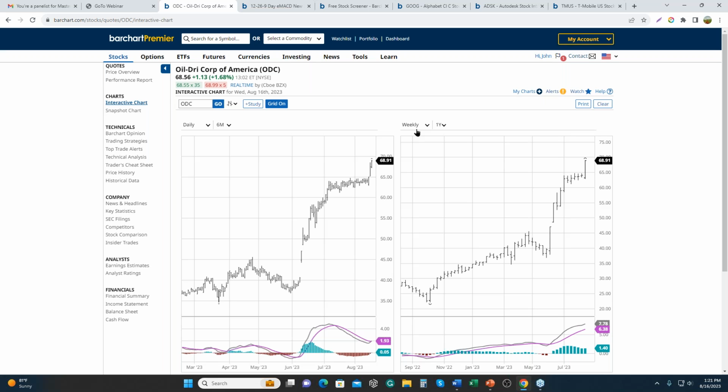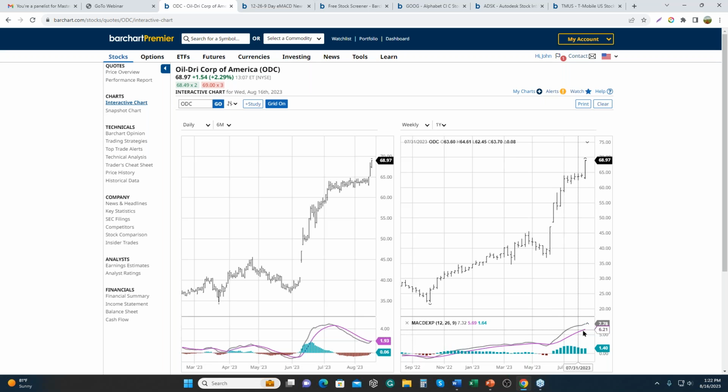In this case, we're looking at the weeklies. And what I want to see is my weekly MACD in support of the buy signal that I'm getting in the current daily. And yes, we can see that our weekly is trending higher.